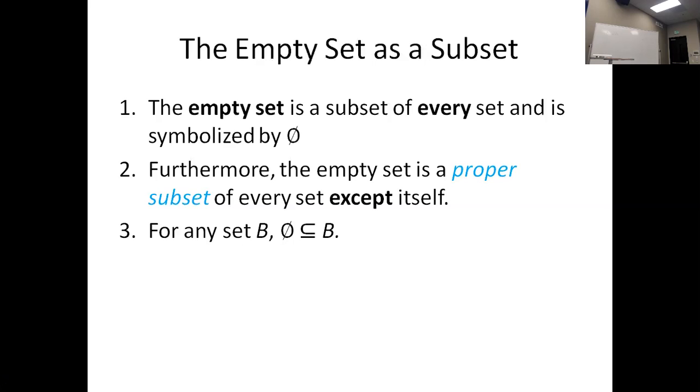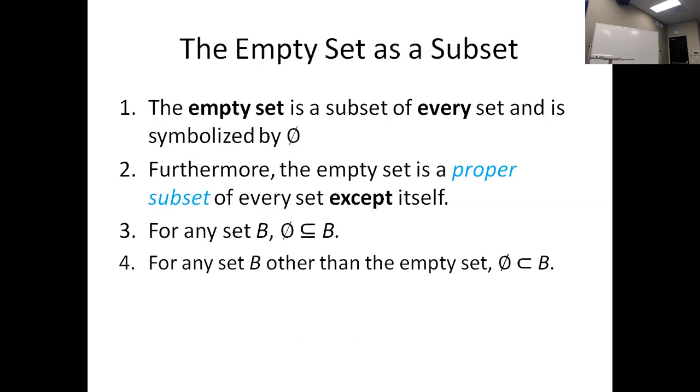So for any set B, the null sign is both part of any other set and also a subset of any other set. You see that? The first one, number 3, says the empty set can be a subset of every set, and number 4 tells us it can also be a proper subset for any set B other than the empty set. Empty set is a subset.